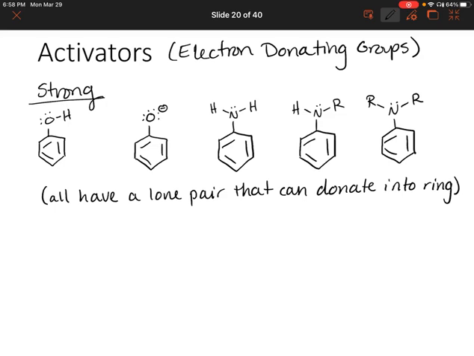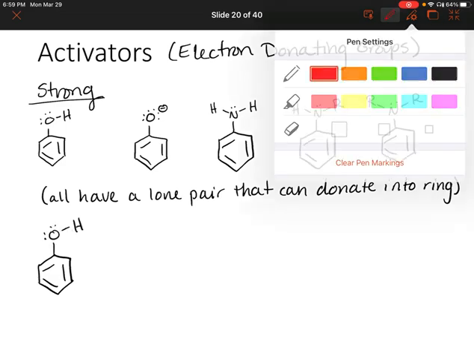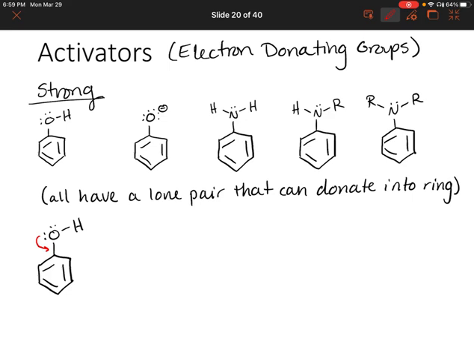As an example, let's look at our alcohol group. So again, we could show one of those lone pairs coming down to form a double bond, and then one of our sets of pi electrons can move over.